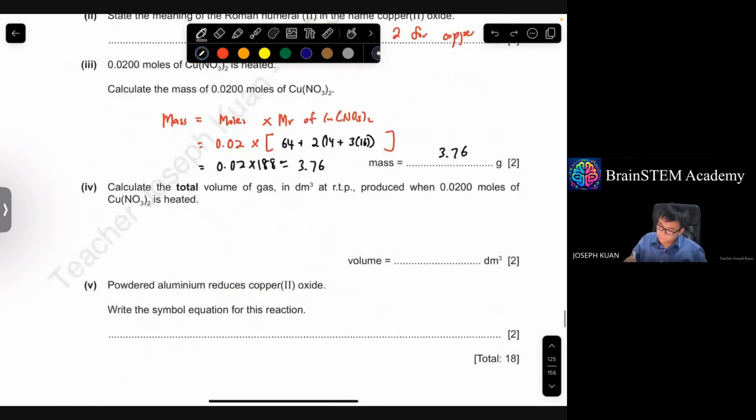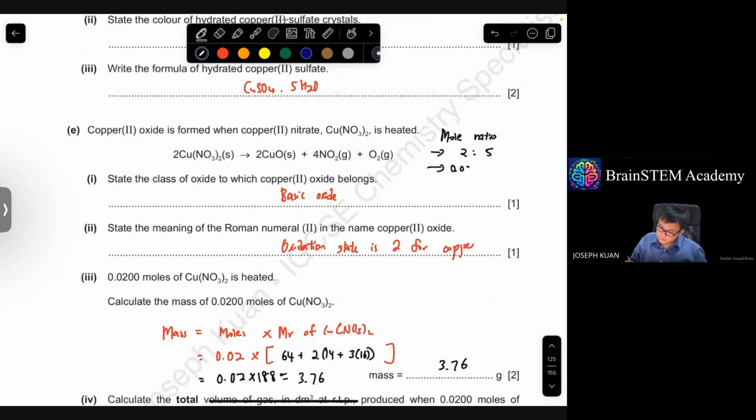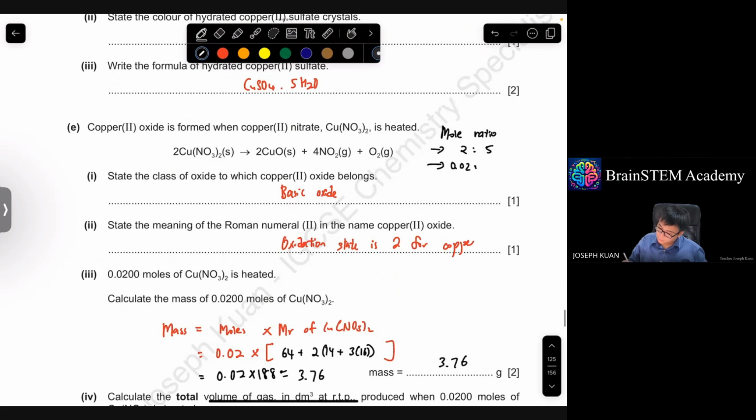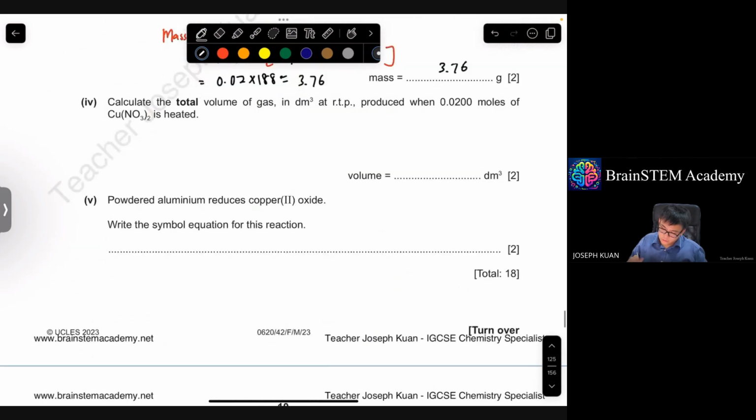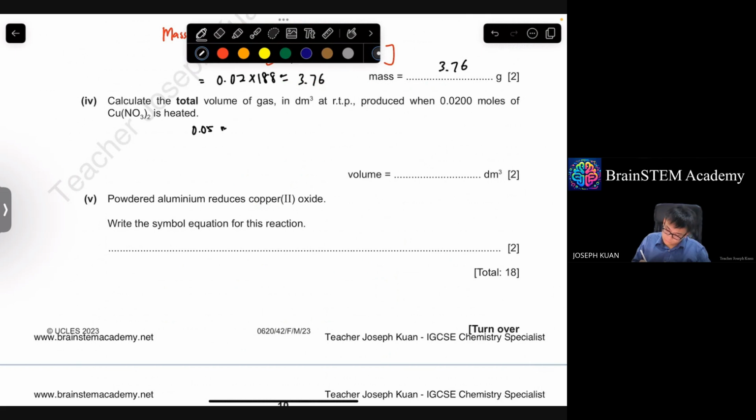So if you use 0.02 moles, they will make 0.05 moles. So 0.05 moles of gases will occupy, regardless of type, 24 per mole, so 0.05 occupies 1.2 cubic decimeters.